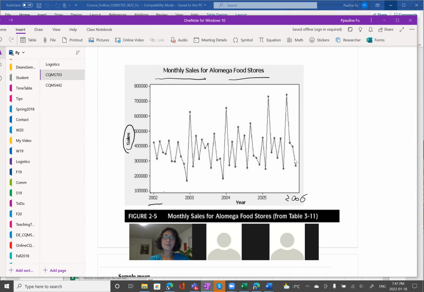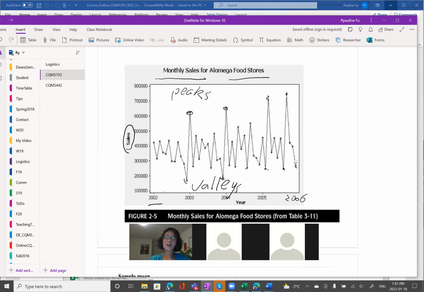Observe this data in time series. You can see the data has peaks. Those are the peaks. And the data also has the valleys. Those points.